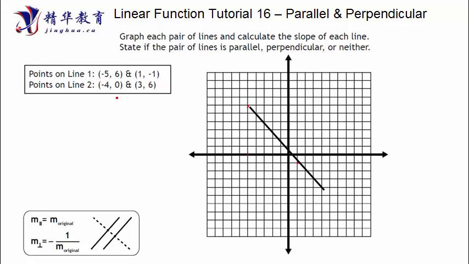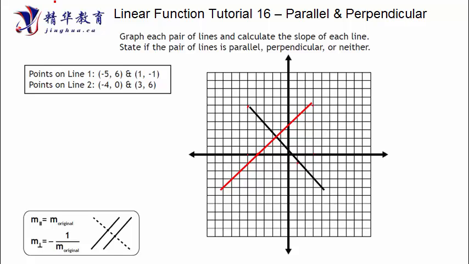Now let's try the other one. We got (-4, 0), which is on the x-intercept here, negative 4. And then (3, 6), which is this point here. Now we connect this line, and then we have the red line.